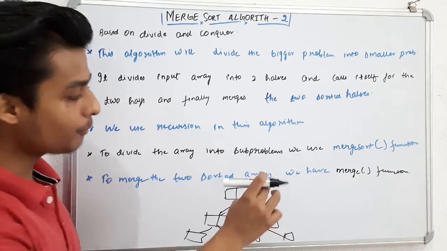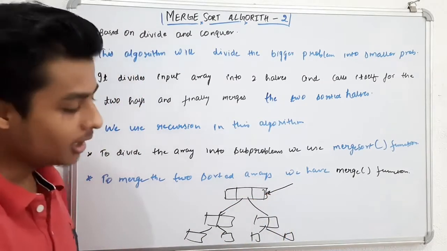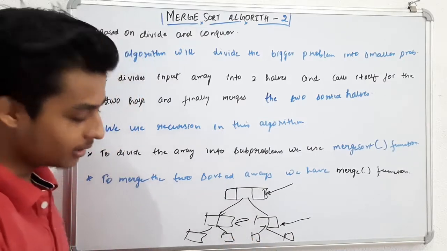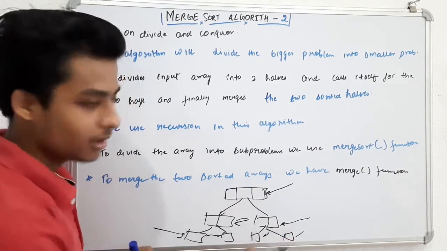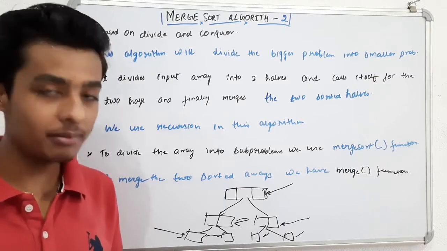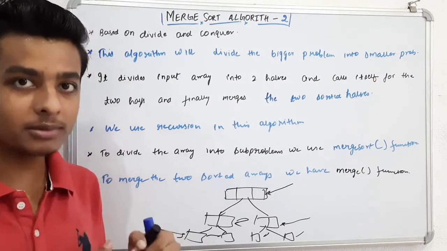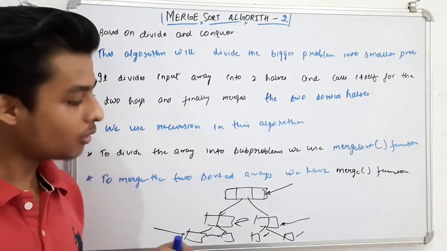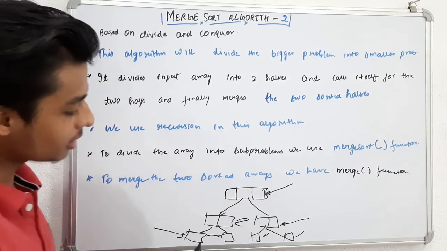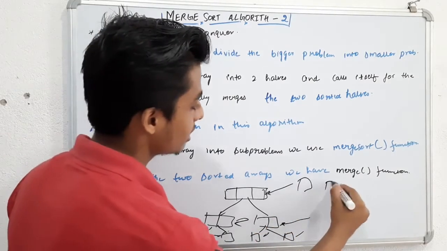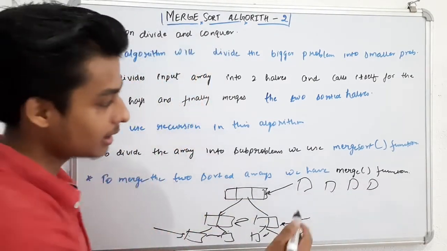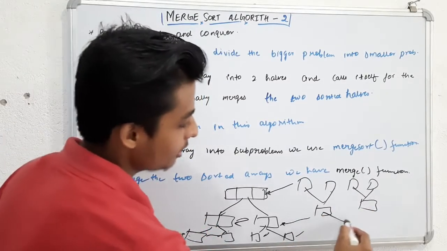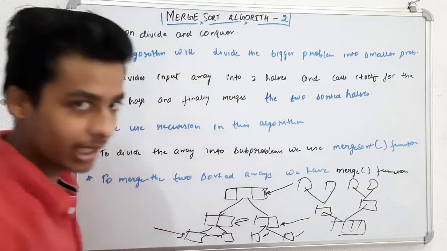Now your first problem was to sort this array, right? Now your next problem is to sort these two arrays, then sort these arrays. Once you have divided the problem into the subproblems, now your task is to merge them, meaning conquer the results. So once you have these 4 blocks, you conquer them or merge them to get this result, and then you merge them again.